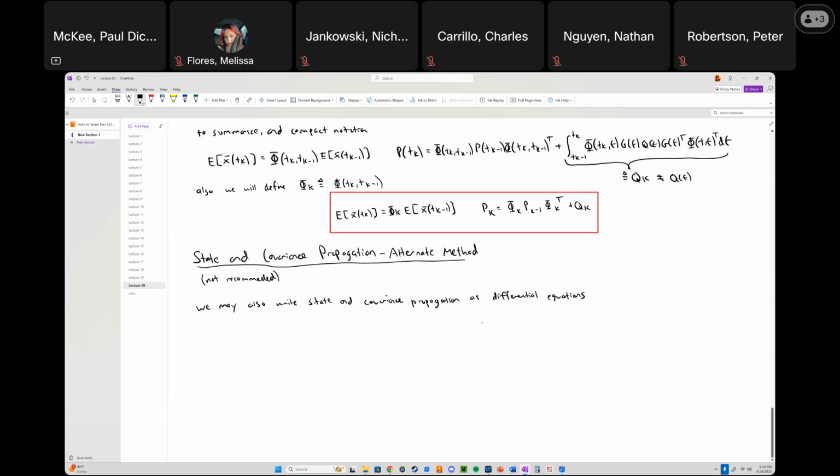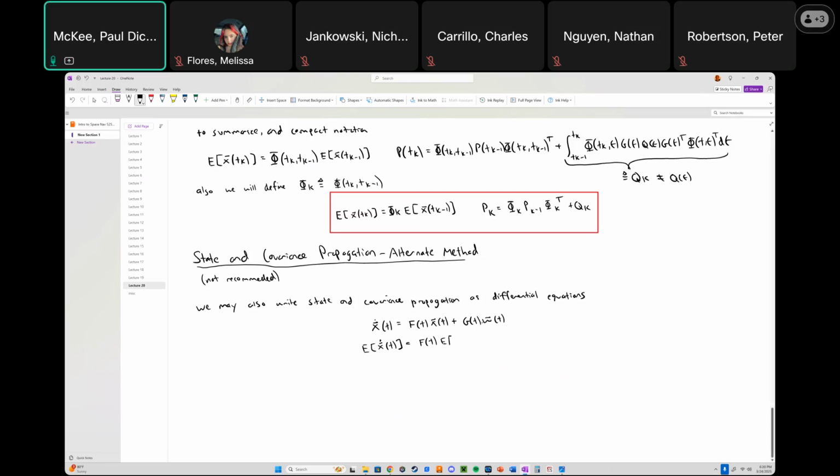Okay, so you could say x dot of t is equal to f of t, x of t plus g of t, omega of t, where the expected value of x dot of t is equal to f of t, expected value of x of t.